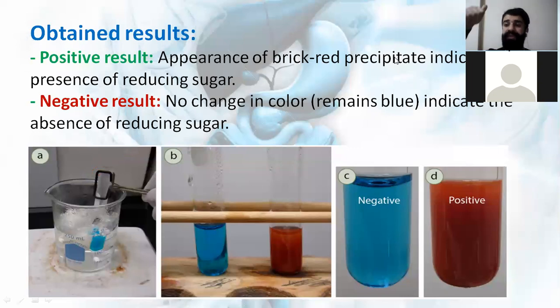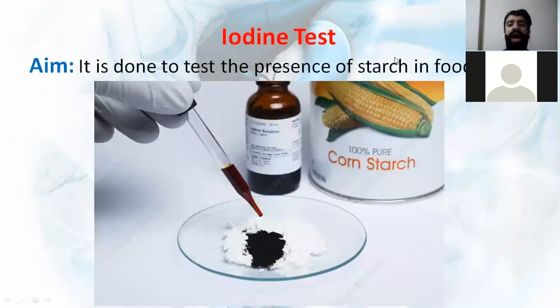So the first test is the Fehling test. It aims to test the presence of reducing sugar. Second test, the iodine test. The iodine test, as you know from grade 6 and grade 7, aims to test the presence of starch in food.